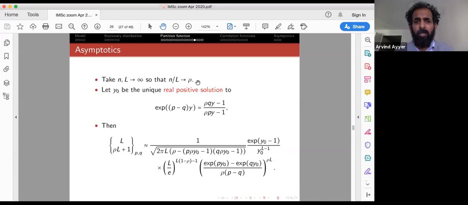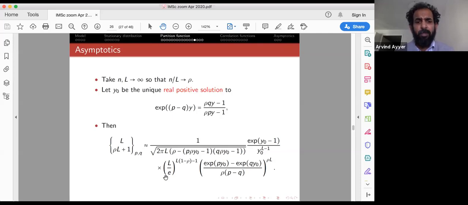Then remember that I took n to be rho L, sort of. And then the asymptotic value of this restricted partition function is given with these prefactors of square root type times some exponential parts. But the thing I want you to focus on is this bit over here, which is of the form L to the L. So it's of factorial growth, which is faster than exponential.